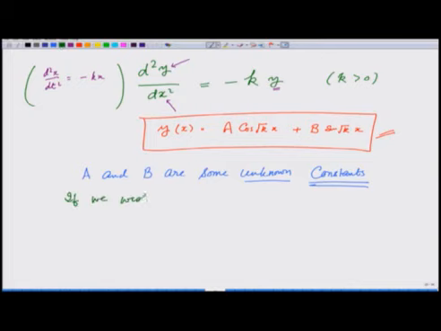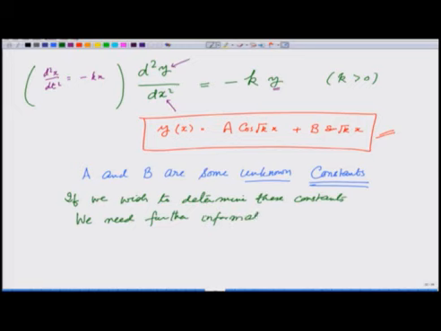The way to determine constants: if we wish to determine these constants, we need further information, and these are two constants A and B, so I need two equations to determine them.